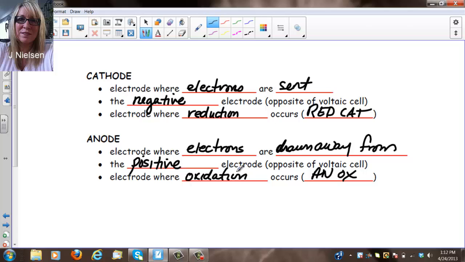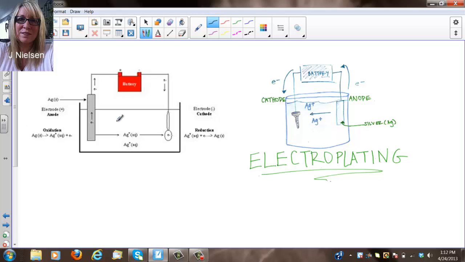There are a couple of different types that we need to be familiar with, and these are not in your notes. The first one is called electroplating. Okay, so this is an example of an electrolytic cell.